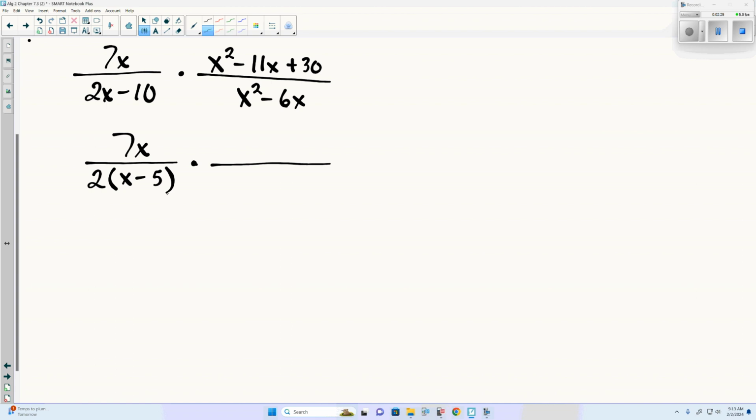Now, when we look at the other expression, we do have a quadratic, our x squared minus 11x plus 30. And we have our denominator, x squared minus 6x. Out of those two, I think it's going to be easier to factor the denominator. Because if we look at x squared minus 6x, we have a greatest common factor of x, so we can factor it out.